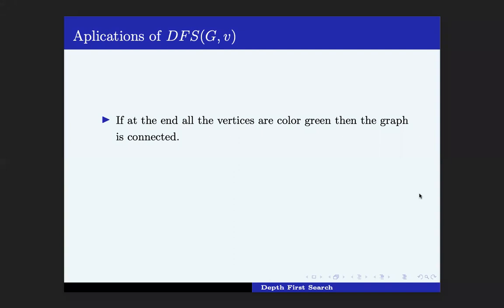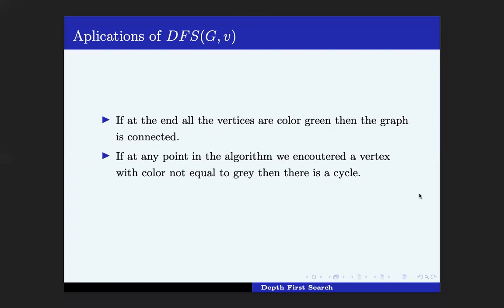What do I know from this? If all the vertices have been colored green, I know that every vertex can be reached from that initial vertex, so it is connected. All the green colored vertices form the connected component of whatever initial vertex we started from.